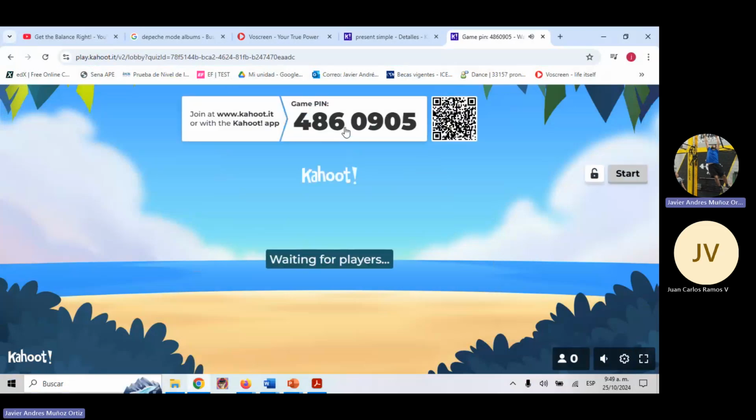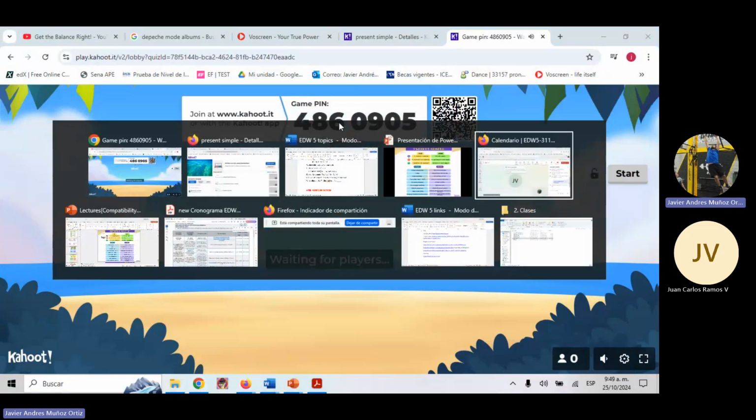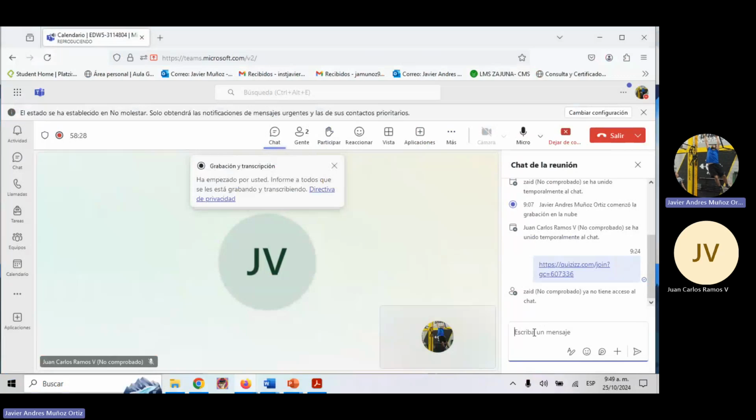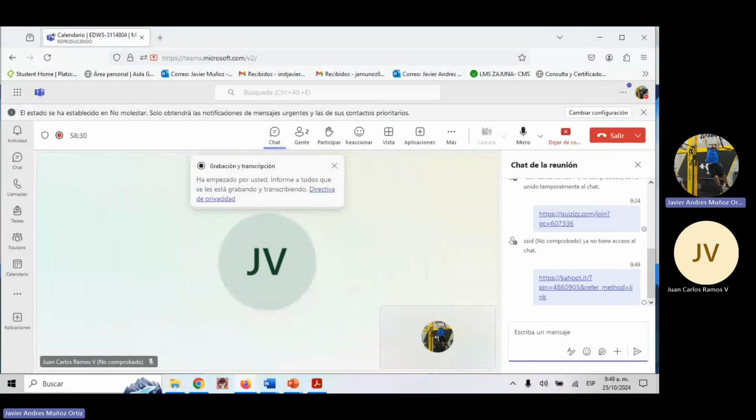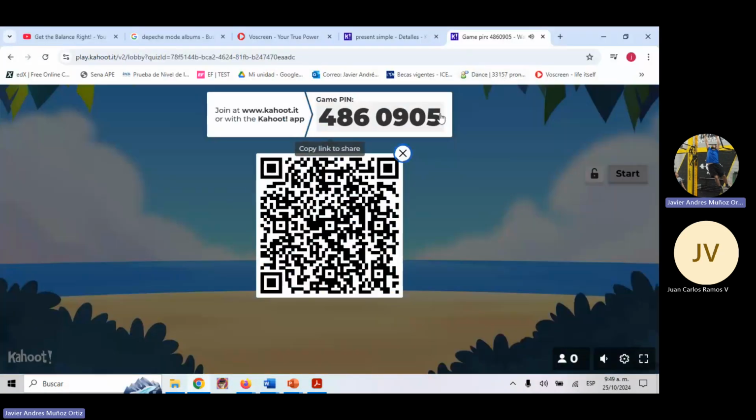You can join in three different ways. The first option is to open the link I'm going to share with you here in the chat. The second option is to scan the QR code. And the third option is to open the webpage kahoot.it and then type the number 4860905. I'll start at 51 just in case, vale?